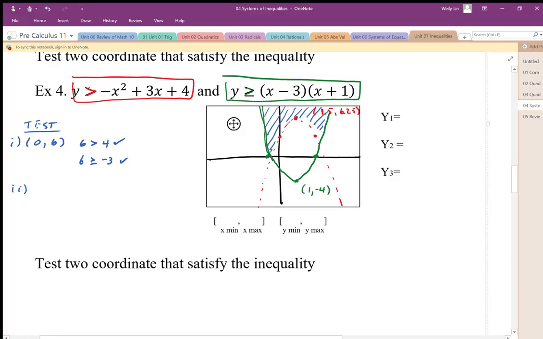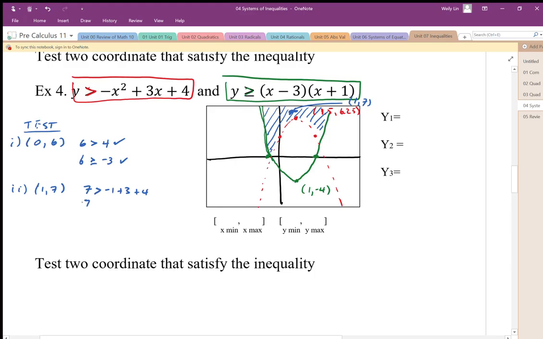So choosing a second coordinate, I'm going to choose a coordinate over here. So I'm just going to choose maybe at 1, and I know that has to be at least 7, because I know that's my vertex at 6.25. So I'm just going to choose 1 and 7. 1, 7, plug it in. 7 is greater than, so negative 1 plus 3 plus 4.